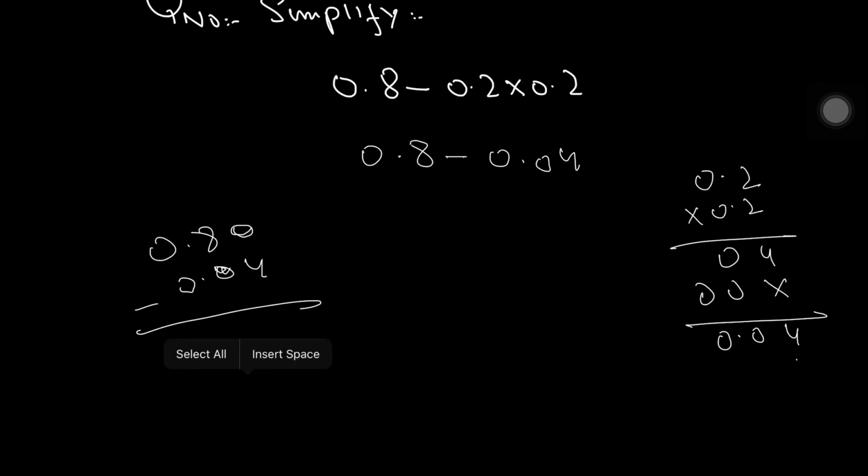So here we get 10. 10 minus 4 is 6, and here only 7 remains. We write the 7. 7 minus 0 is 7, and 0 minus 0 is 0, and we put the decimal in the same place: 0.76. So 0.76 is our final answer.